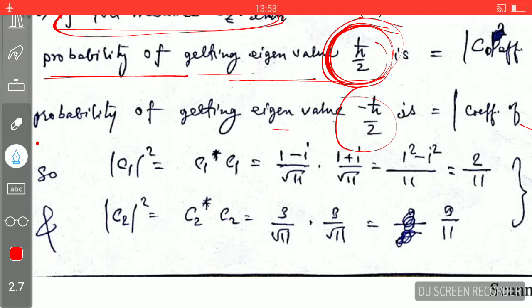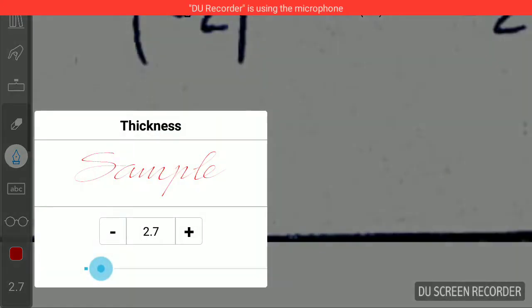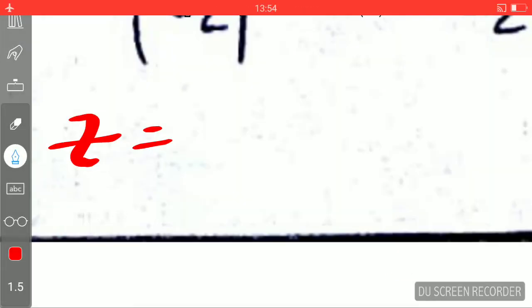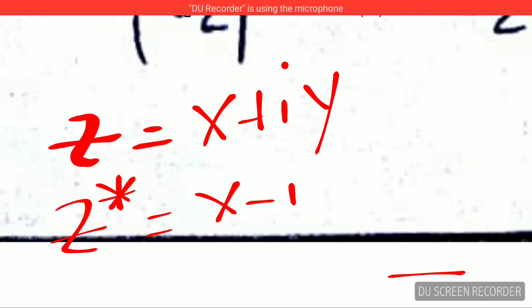If you know complex numbers, then you might know that if z equals x plus iy, then the conjugate of z is x minus iy.